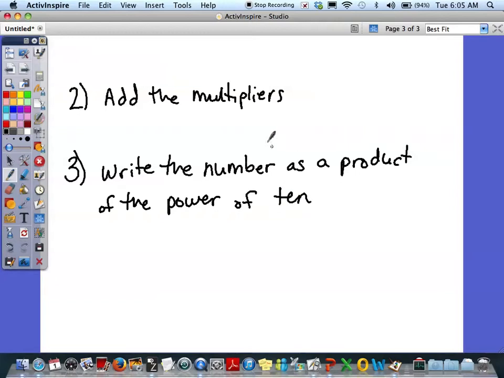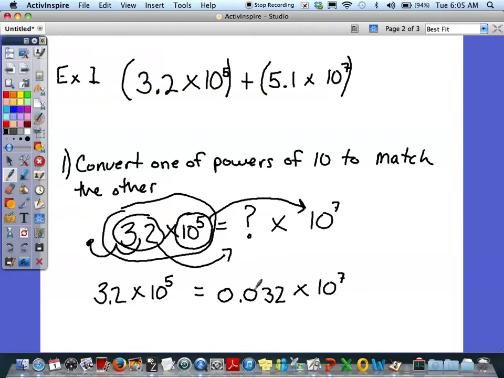In other words, here, I'm going to add the multipliers, 32 thousandths plus 5 1/10. The reason I'm going to add 32 thousandths is because I converted this number to become this, so that my powers of 10 would match, and so I still have this original problem here. So once your powers of 10 match, your place values are lined up and you can add the multipliers.